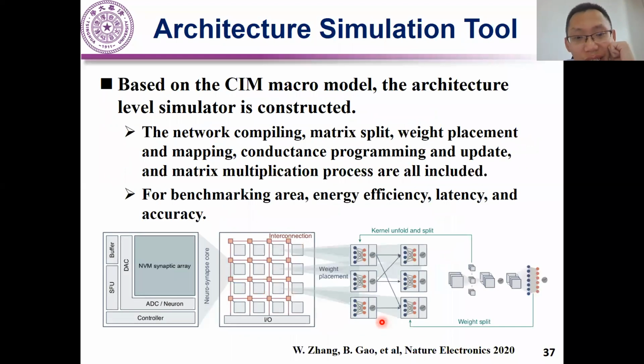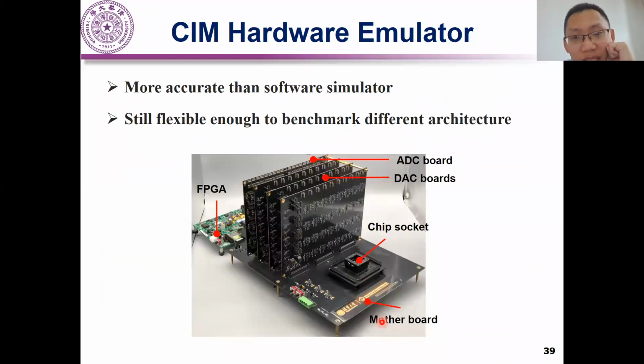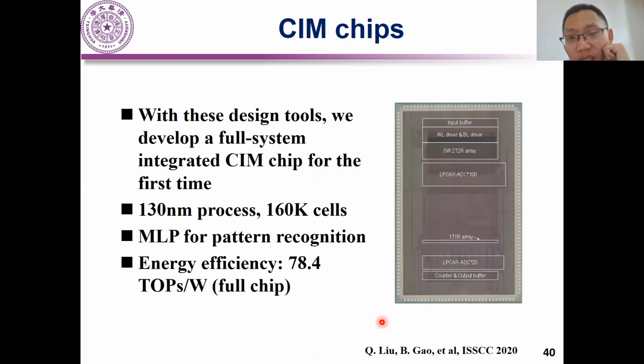Another thing I hope to mention is the ADC is not so terrible. We have already designed this full chip. This chip contains all the periphery circuits, including the ADC and also the training circuit. You can see this is a two-layer neural network, so we have two parts of ADC. This is one part for the first layer, and below here is the other part for the second layer.